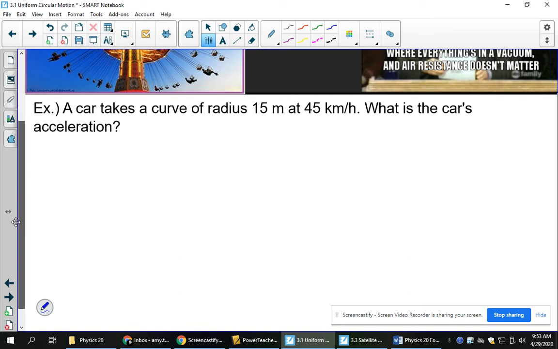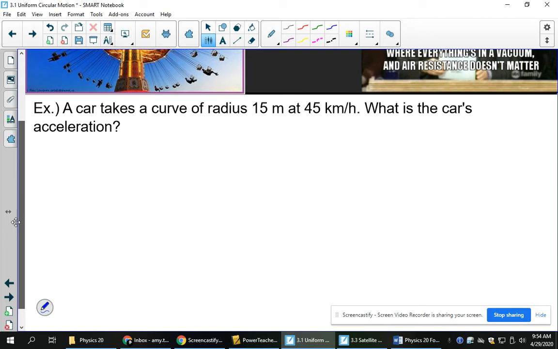And the thing dangling from your rearview mirror is showing this. It's leaning against the direction of the circle, so it's pointing out of the circle. But really, the force that's keeping you from flying off the road is that the centripetal force is pointing towards the center of the circle.